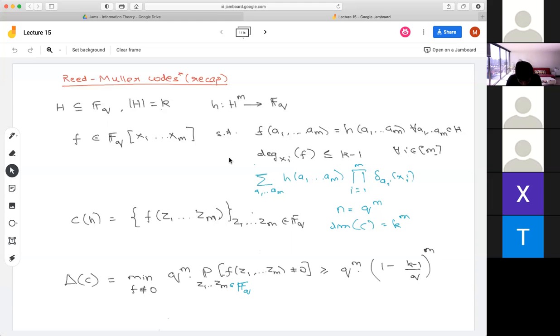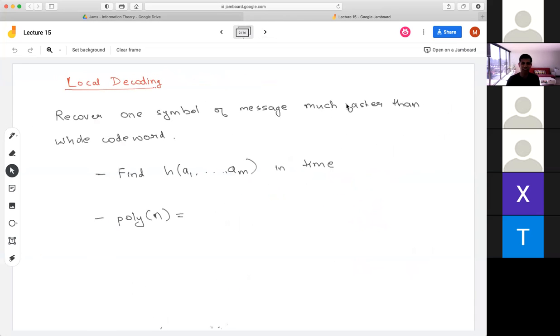Okay. And the reason I defined Reed-Muller codes this way, rather than saying it's just the set of all polynomials in M variables with certain degrees, is this. You could think of the message either as the set of coefficients or as the set of evaluations on a smaller subset of FQ to the M, which is H to the M. The nice thing is, if you think about the message as just evaluations on a subset of points, then you can ask whether it is possible to recover one position of the message without recovering the entire code word.